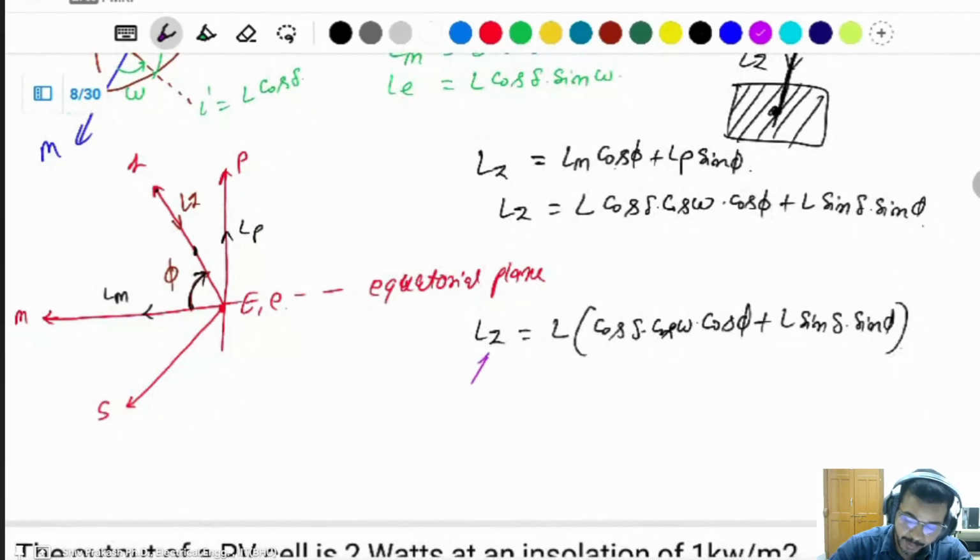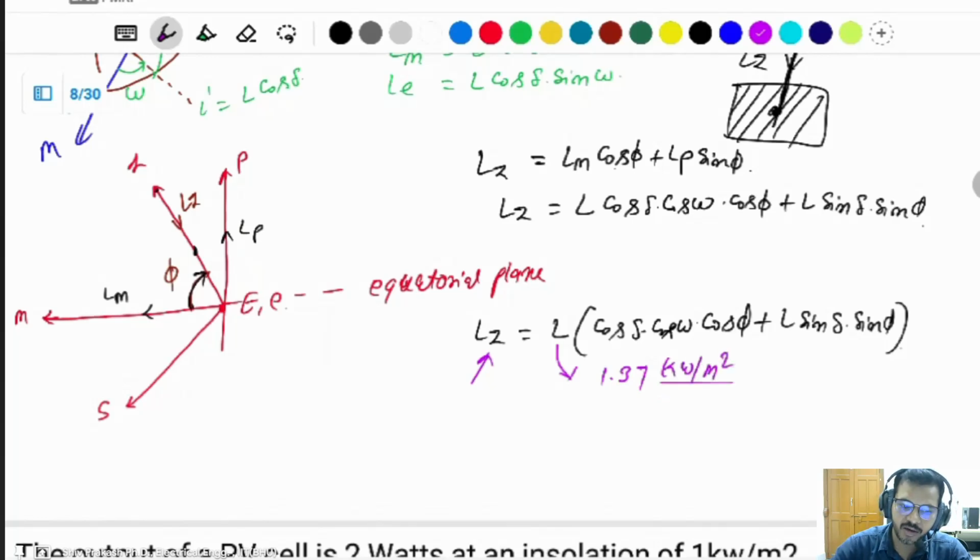This is the effective insulation on the solar plate, but this insulation is the extraterrestrial insulation. You can say it is outside the Earth's atmosphere. This insulation will be approximately constant, 1.37 kilowatt per meter square.